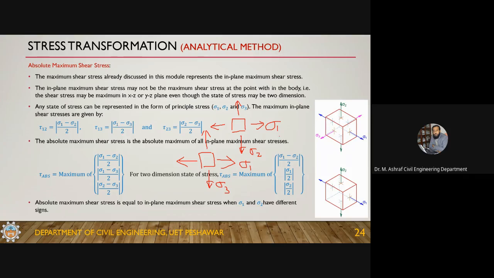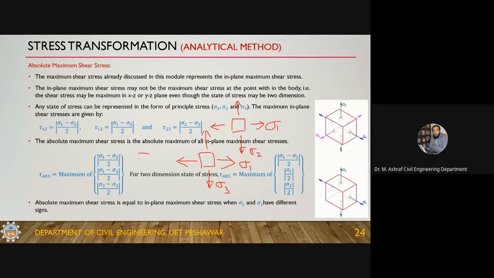Similarly, if you look at this element from this other direction, what will you see?